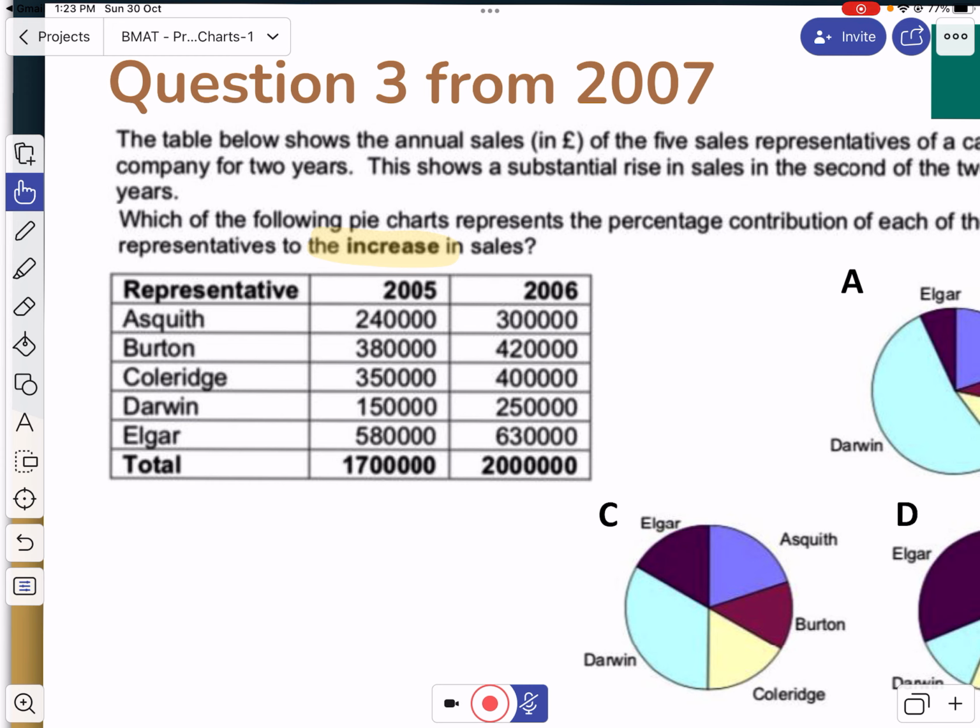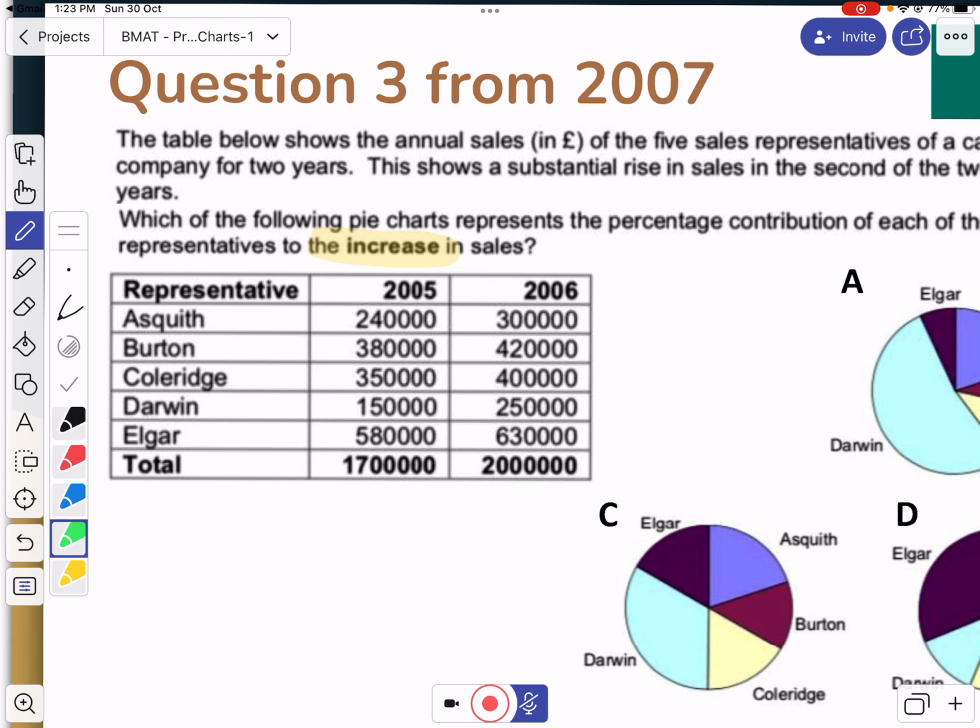And they ask you to take the increase in sales and plot it in a pie chart. So, we'll break it down into 2 steps. The first step, we need to calculate the increase first. Once we get the increase, we try to match that to a pie chart using the 3 techniques we talked about earlier.